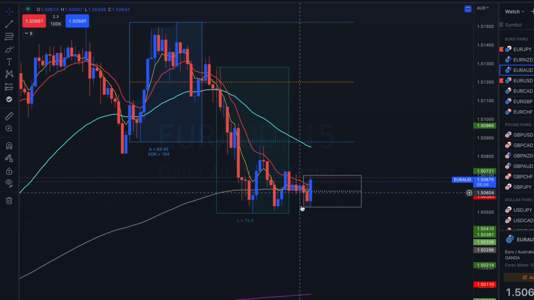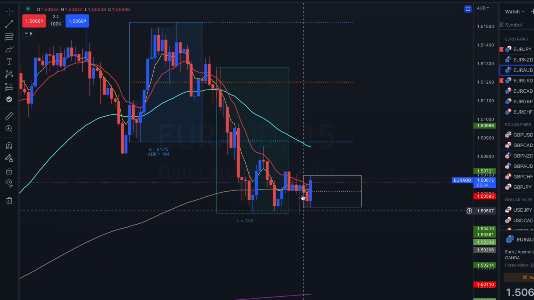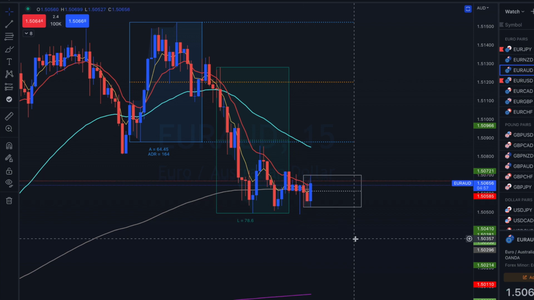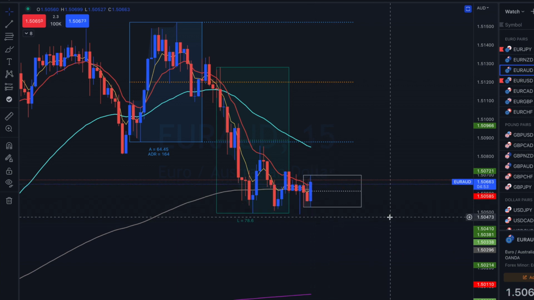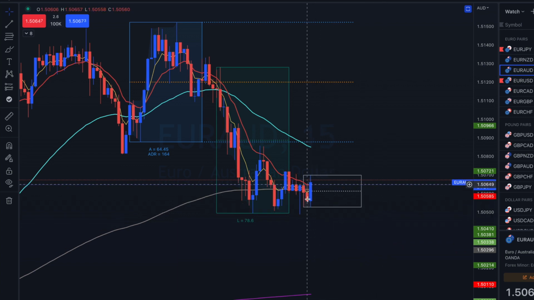Looks like we had a possible stop hunt here in between the London and New York session. So now we're looking for a candle like this to see if we can get out of this area and go back up.